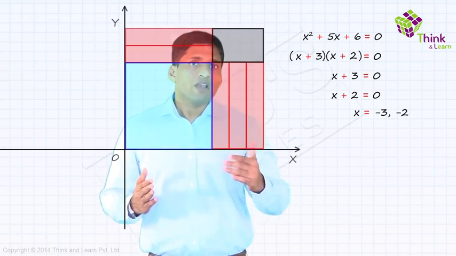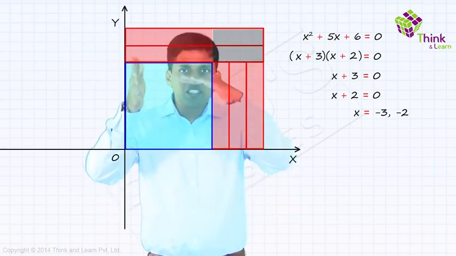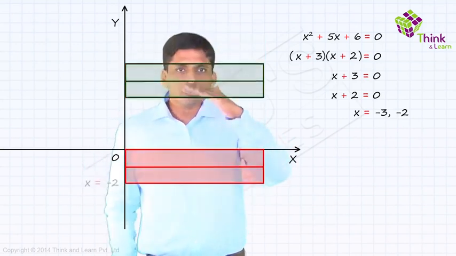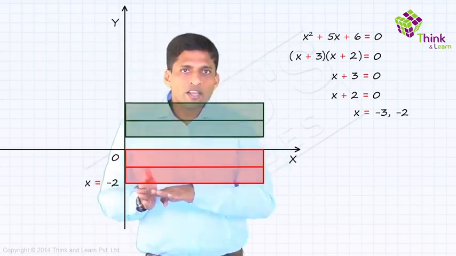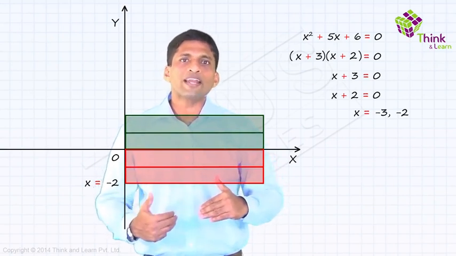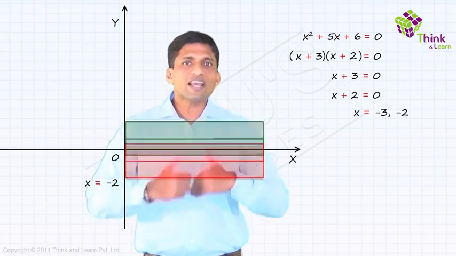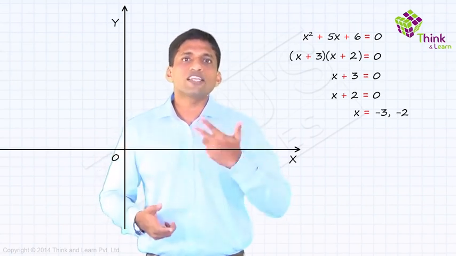In the same way, if you want to make breadth 0, I push this complete rectangle down, so it will start going below the x-axis. So here this will start becoming negative. When it's at minus 2, these two areas will get cancelled out and the rectangle will disappear again.